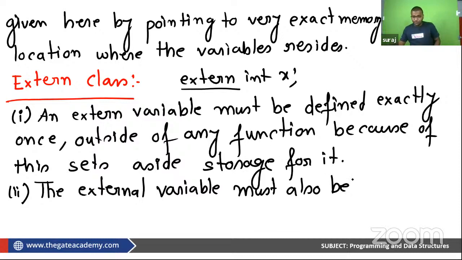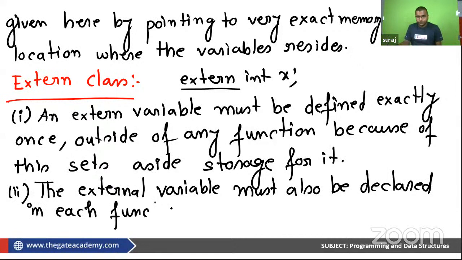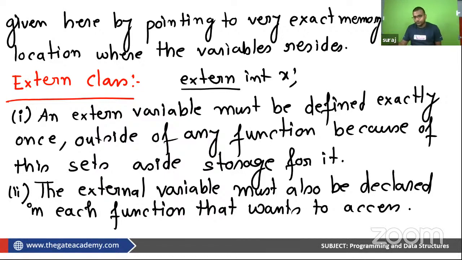The external variable must also be declared in each function that wants to access it. Why is this required? Because this states the type of the variable.